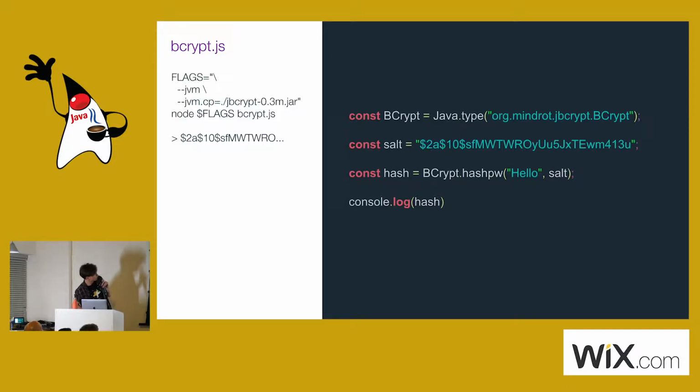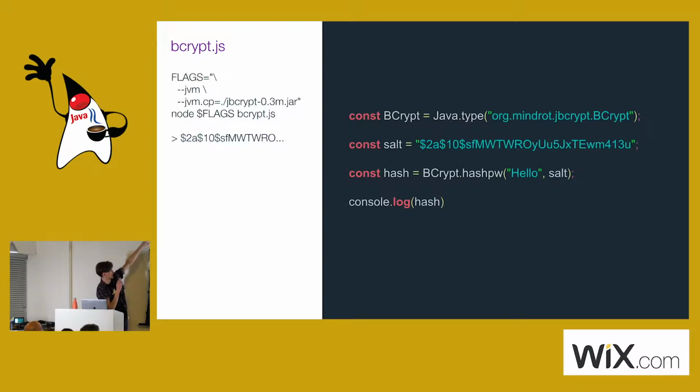So how would we use this Bcrypt library? It's exactly the same as how we would use the System class, because it's also a static method, so it's more straightforward. The salt is just the format the salt has to be in. The flags you would run this with are here.